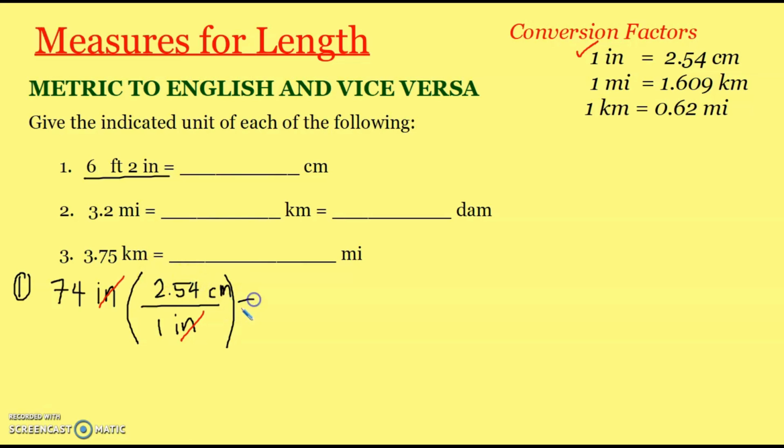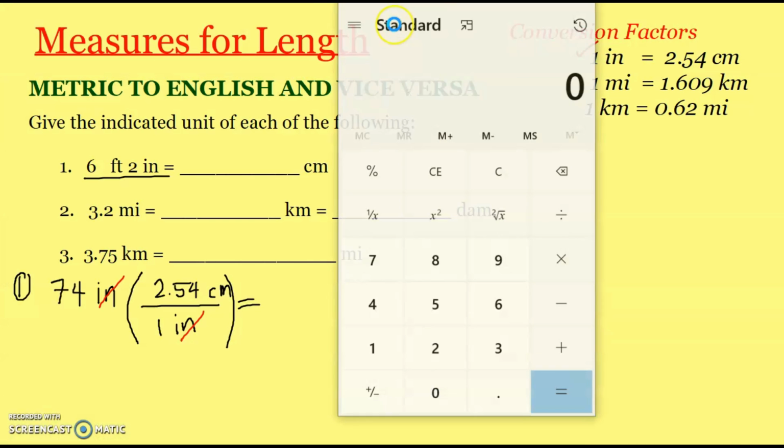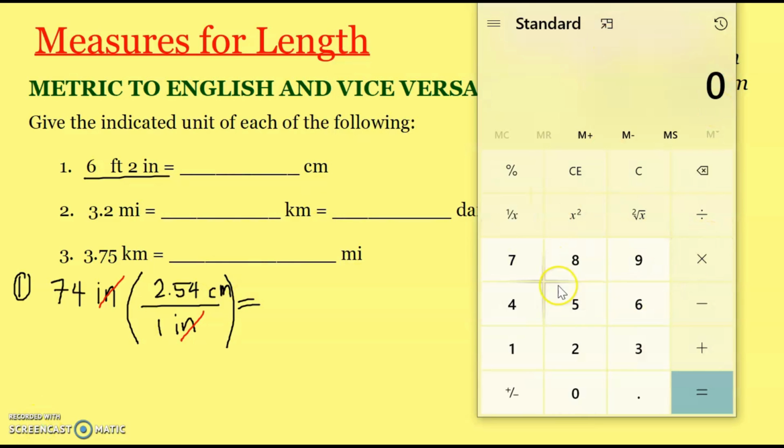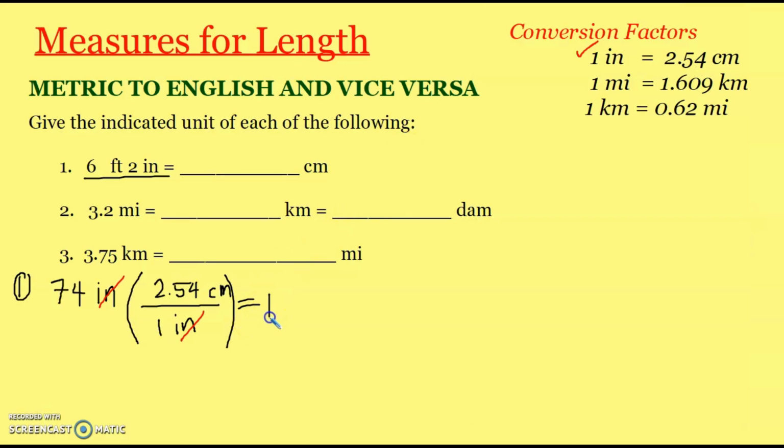And again, our best friend calculator needs to come out. Okay, we have to multiply 74 by 2.54. And there you have 187.96.